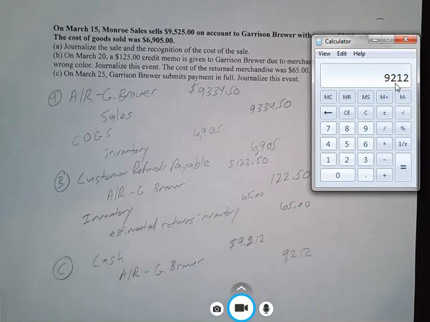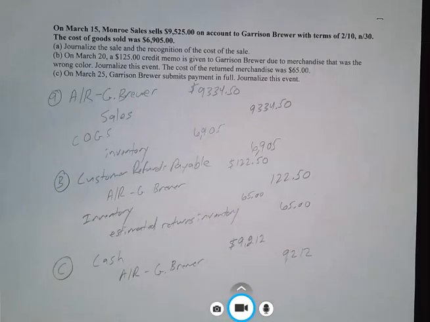We have fulfilled everything that we have to do. I will point out one thing, and that is that in the interest of time, I did not include any journal entry explanations. If I had done that, it would have taken a few more minutes, and we try to keep these videos as short as possible and still get across all the pertinent information.